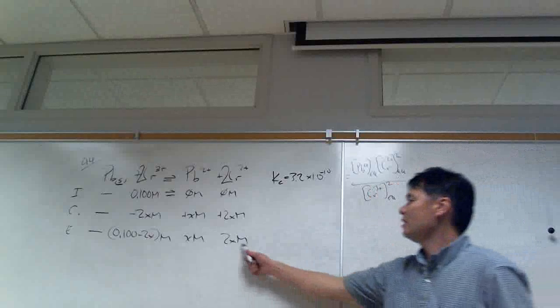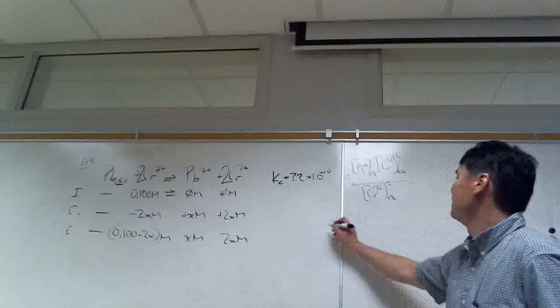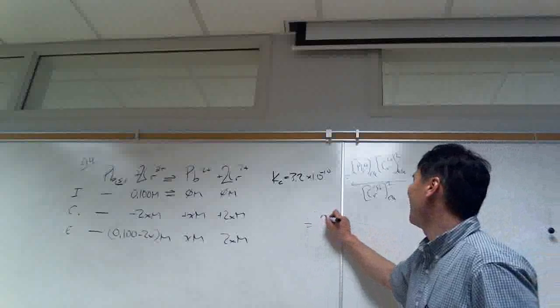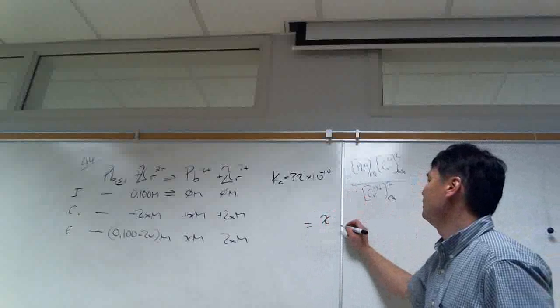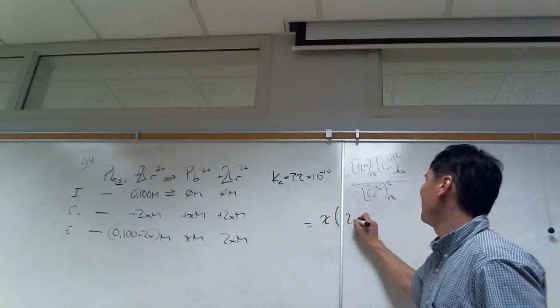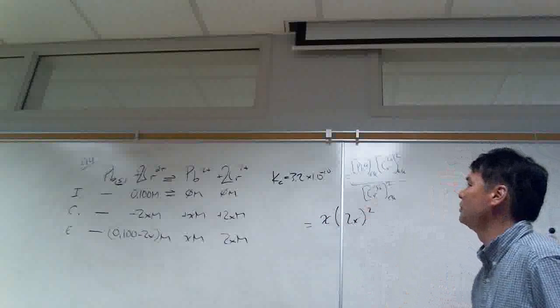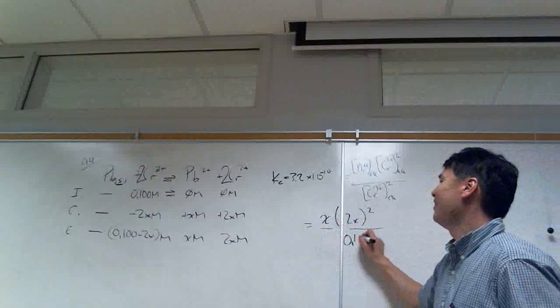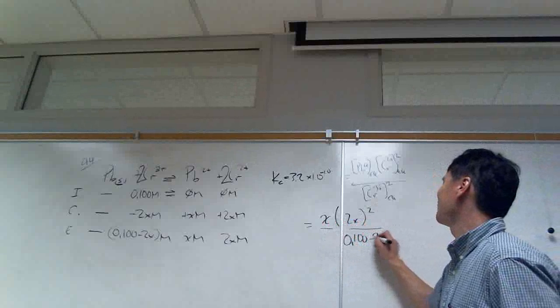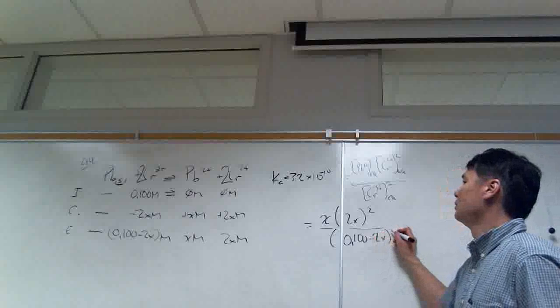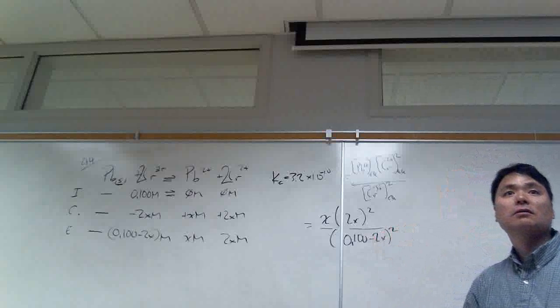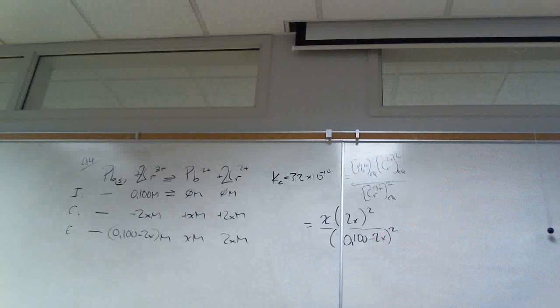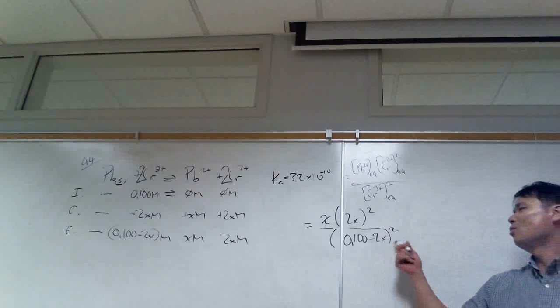Okay, we have those values here in terms of x, and so Kc is going to equal x, which is the lead, times the quantity 2x squared, which would be the chromium 2, divided by 0.100 minus 2x squared. And so this just looks like a quadratic, right?